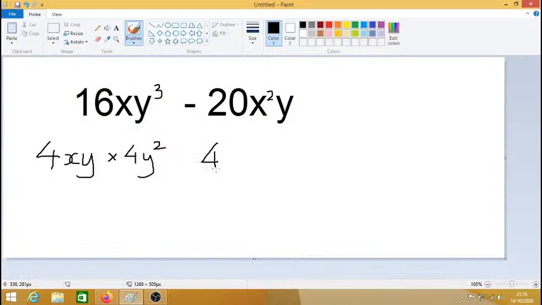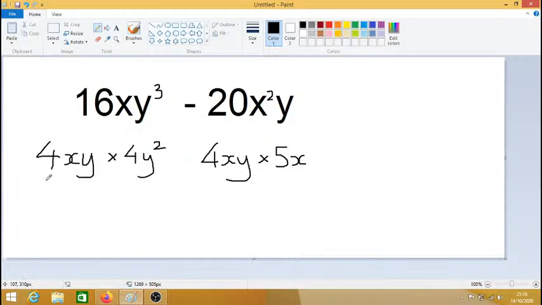Can I use 4xy again to make the second part? Yes, I should be able to. I can multiply by 5x, and that will give me the 20x squared y.